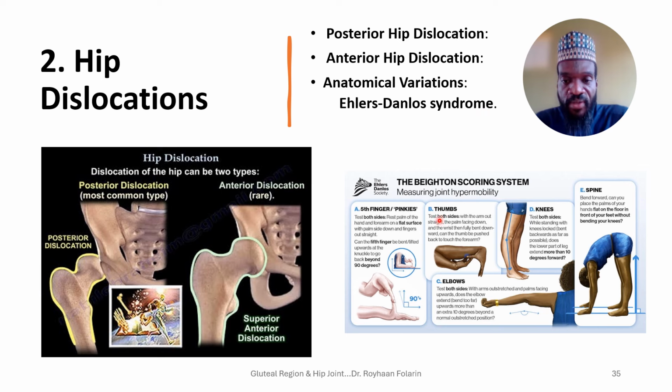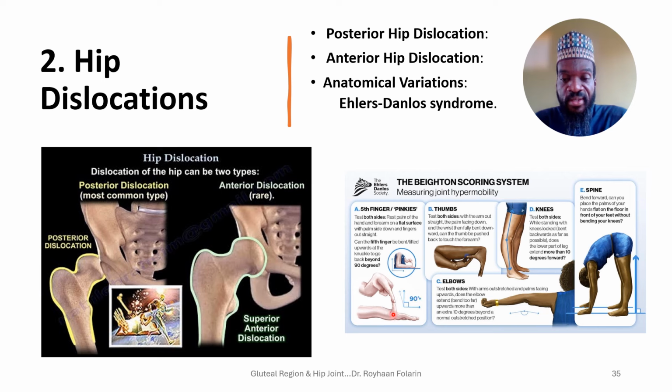In such individuals, you could have excessive movements at joints, and those excessive movements could occur at the fifth finger, known as the pinky finger. In this case, beyond 90 degrees, an individual could extend. This is an extended fifth finger.